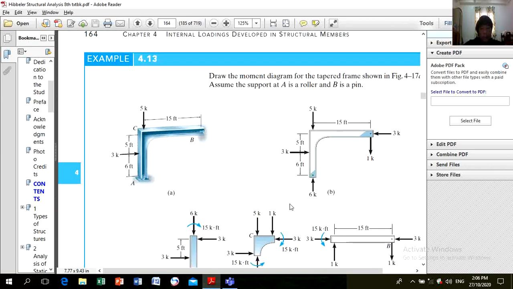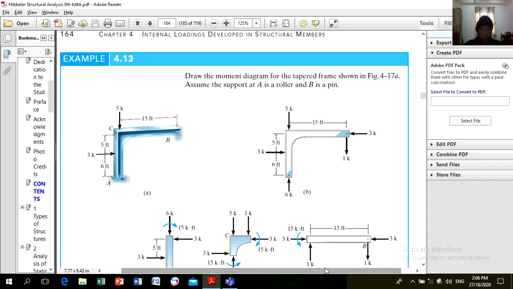So let's have a typical example. Draw the moment diagram for the tapered frame shown in figure 4-179. So how will we draw the shear and moment diagram? First, the question here is to draw the moment diagram only.